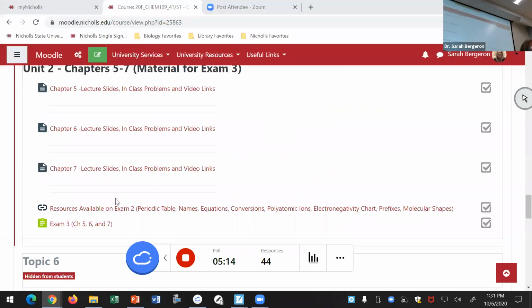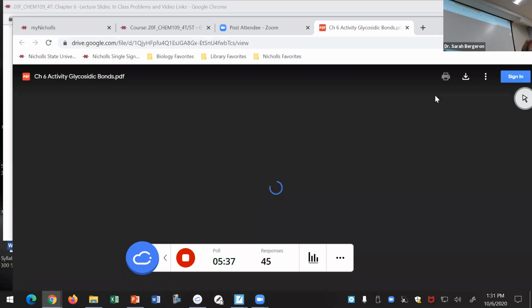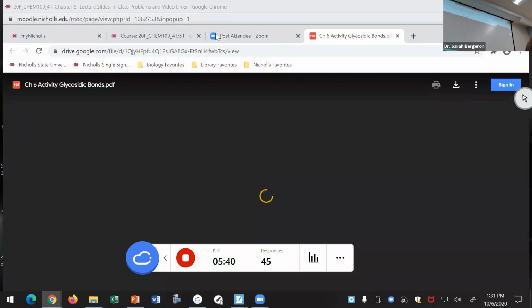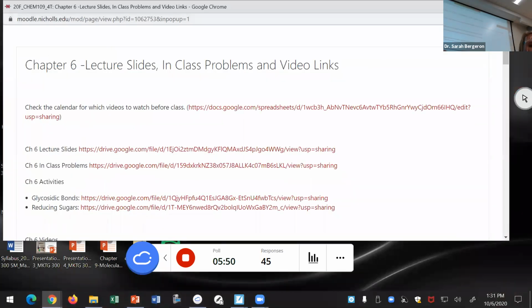Those are just PDFs that you either need to download or print out for class. You're not going to turn it in, but you're going to work on it. Whatever works best for you. I don't know why it's not loading, but it should load. I'll double check it, but if you can't get in, send me an email. That's where it is, chapter 6, right under the in-class problem. Okay, so we close that.